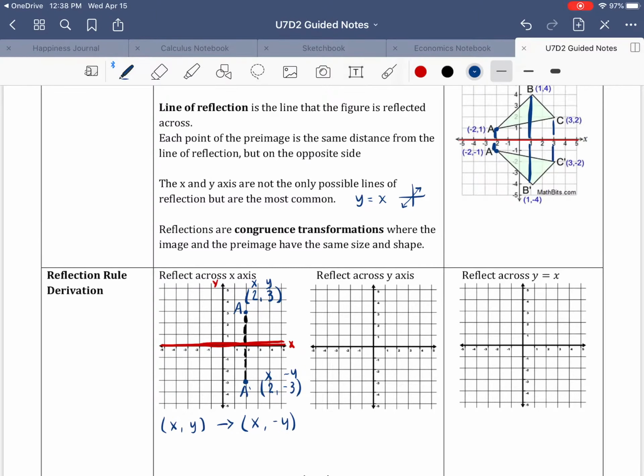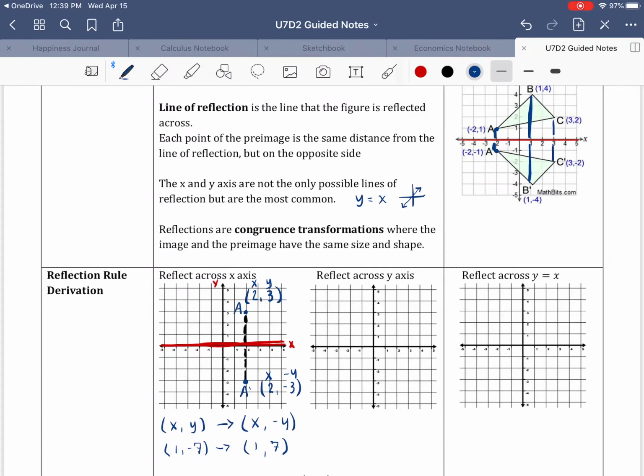So your x value will stay the same, and your y value will become negative. So to apply this rule, for example, if we had 1, -7, then the 1 would stay the same, and the -7 would become negative. So a negative and a negative becomes a +7. That's how we apply these rules.